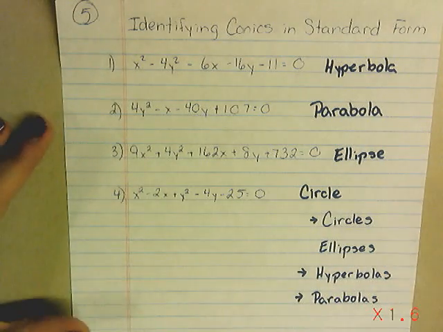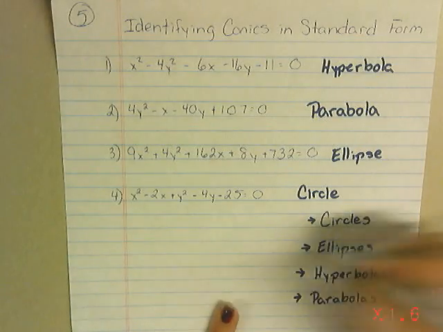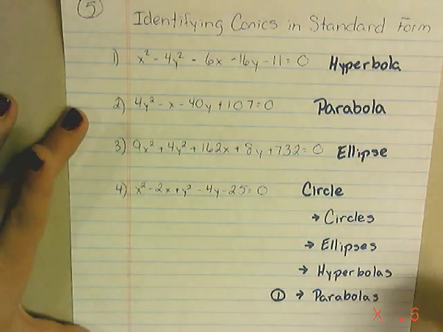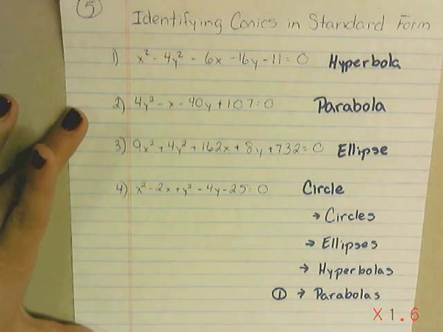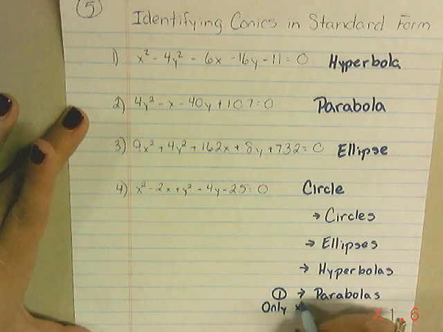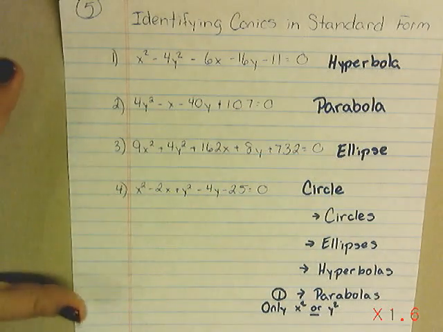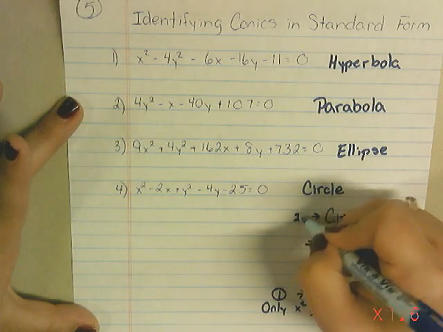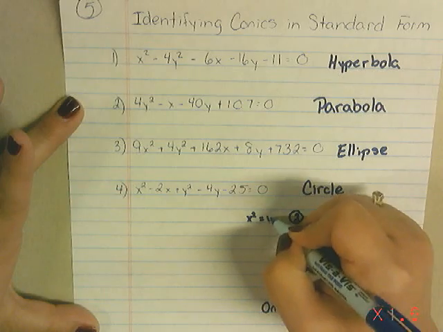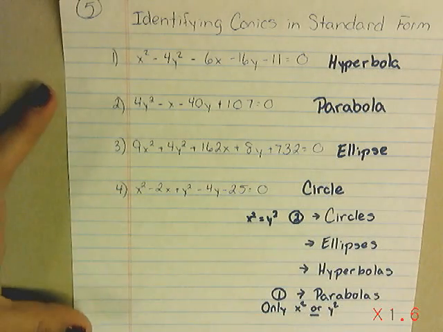Okay? So let's go through that again. The order that I would recommend doing it. Parabolas first. And again, in a parabola, only one of them is squared. So only x squared or y squared, not both. Then I would jump to my circle. My x squared has to match my y squared.